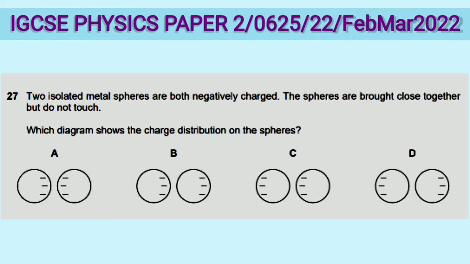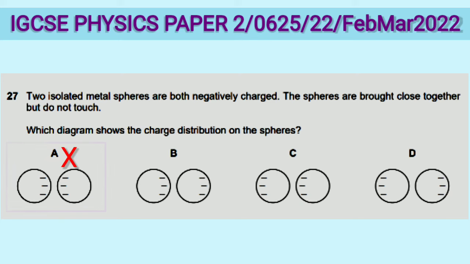Next question, question 27. Two isolated metal spheres are both negatively charged. The spheres are brought close together but do not touch. Which diagram shows the charge distribution on the spheres? Let us check all the options. Option A. Both spheres are negatively charged. Like charges repel each other, but here they are shown attracting each other.